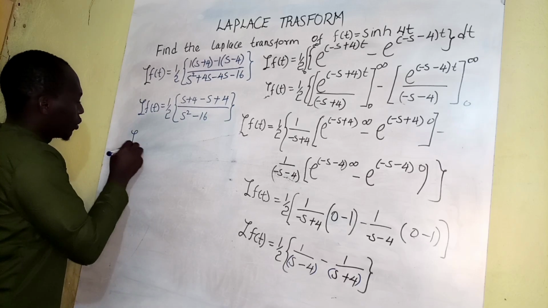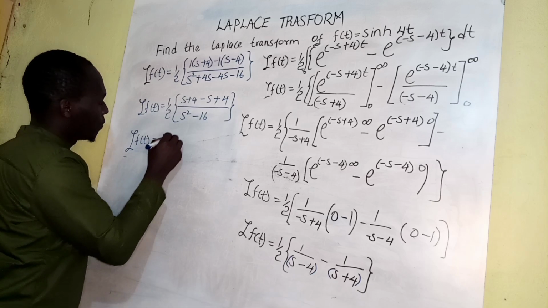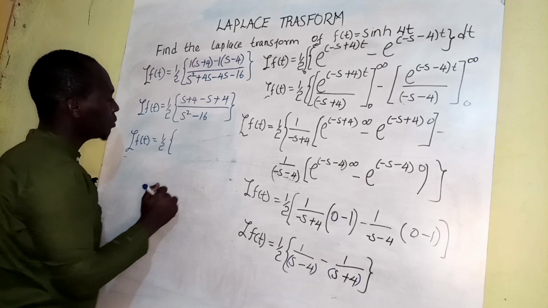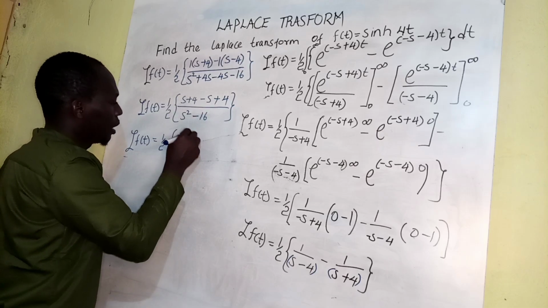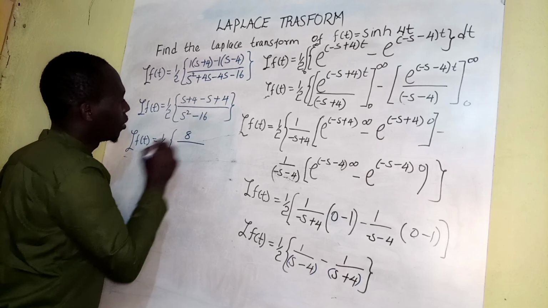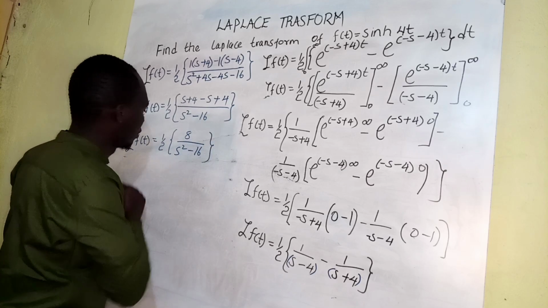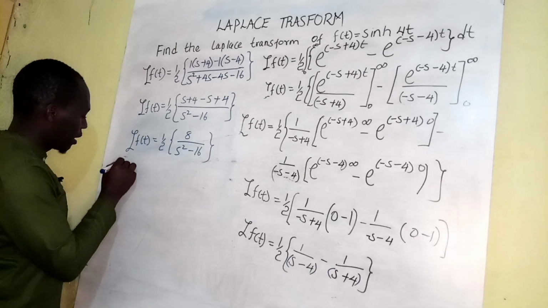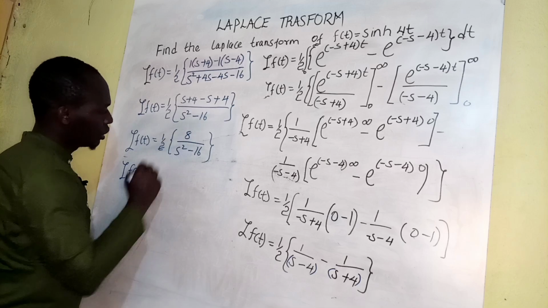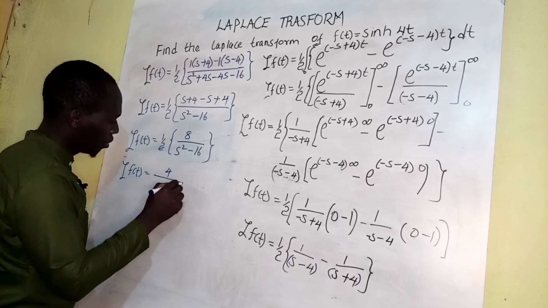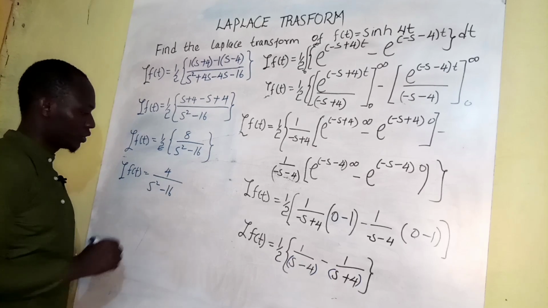At this point now, the Laplace transform of our function f of t is going to be equal to a half into, here we are going to have, this one is a positive, this one is a negative. We are going to have 8 all over s squared, we subtract from 16. And lastly, the Laplace transform of our function f of t is equal to, this one and this one will cancel, and we are going to have 4 all over s squared we subtract from 16.